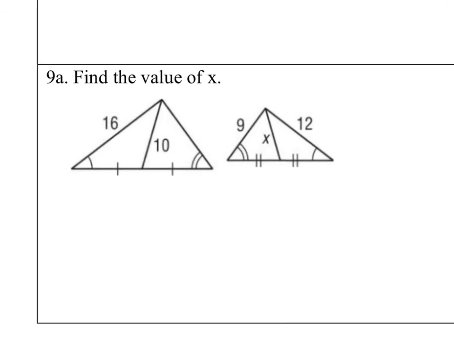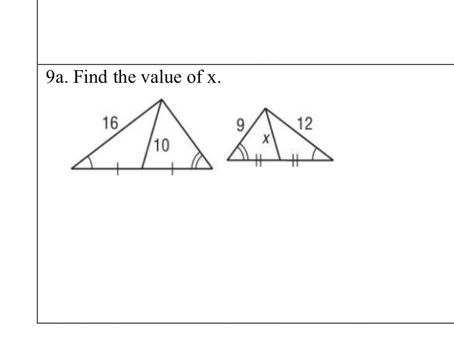And last but not least, the most recent topic we covered. Okay, so here we have two medians. We're given two triangles and we need to find the value of x. We learned that this ratio of the special segments is going to be proportional to the corresponding sides.